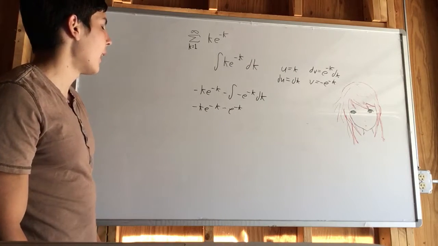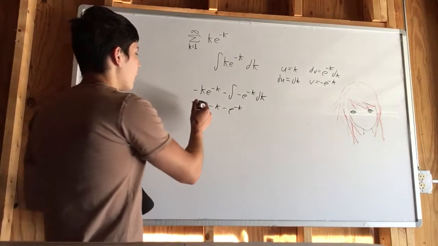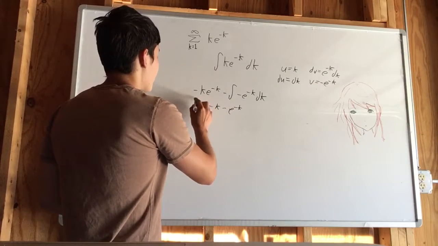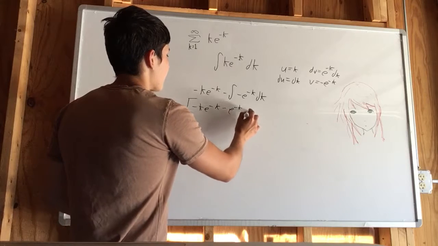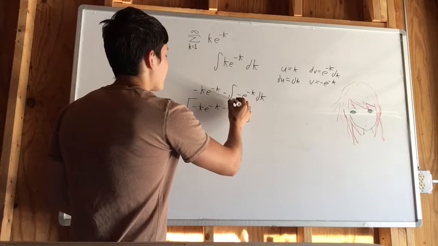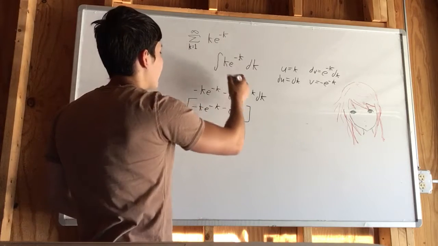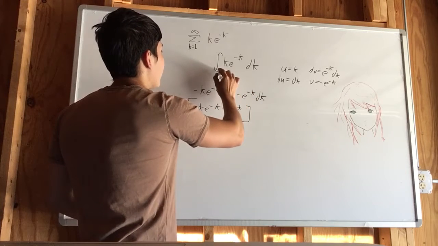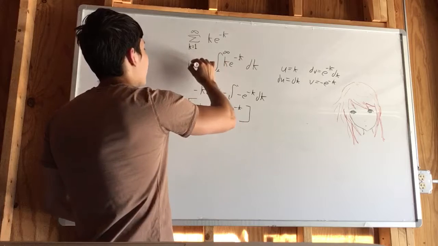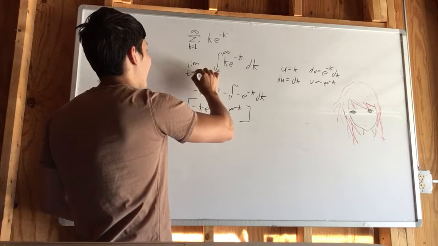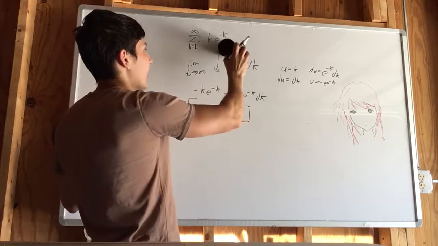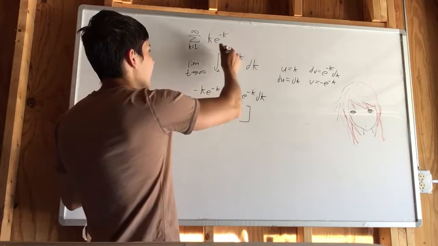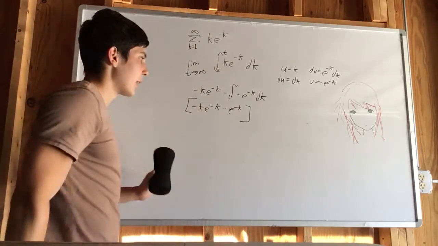Now we can do our two different pieces, right? Because with all of this, we had our bounds from 1 to infinity, and we had to take the limit as t approached infinity because we can't work with an integral that has infinity in there.